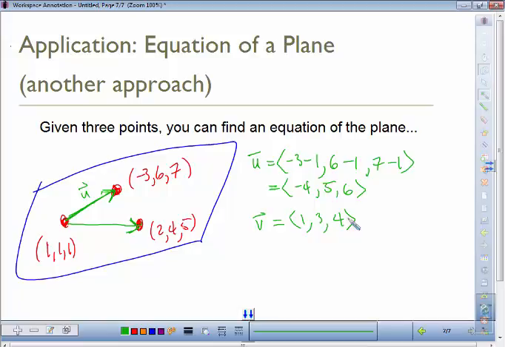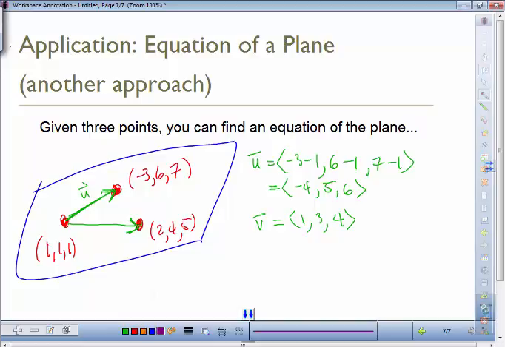So if I cross those two vectors that are on the plane, I'm going to get a vector that's perpendicular to those two vectors, which means I should be able to get a vector that's perpendicular to the plane. Depending on how you cross them, it doesn't really matter, because it doesn't matter if your normal is going up or down. It's still going to give us the same result.